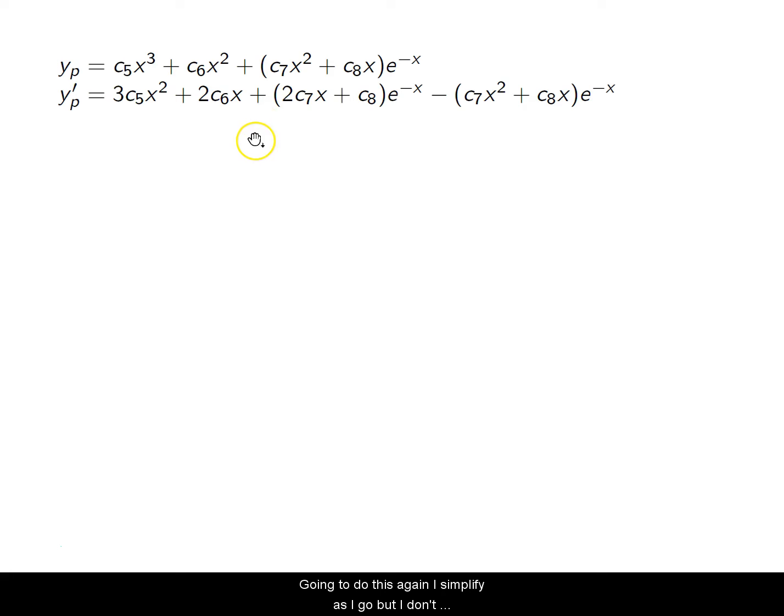We're going to do this again. I simplify as I go, but I don't expand everything and combine like terms. You can; there's not a problem with that. But sometimes it just makes it more messy, because if I multiply all these out, I'll have this times this, which on the next derivative is going to give me another product rule, and then I'm going to do product rule here and here if I multiply this in.